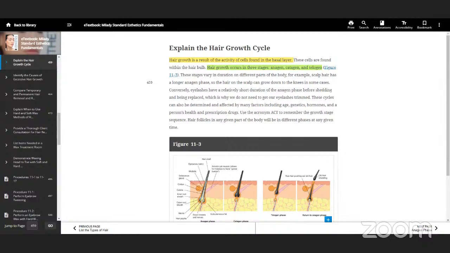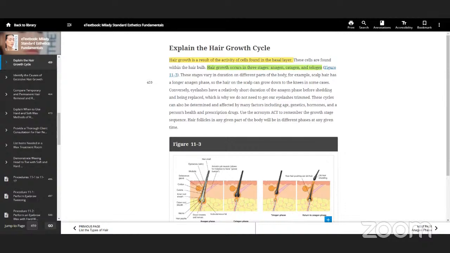But the hair grows and sheds on its own. Okay? They naturally will replace themselves. So how well it does that depends on hereditary factors, age, genetics, hormones, DNA, a person's health, and prescription drugs.